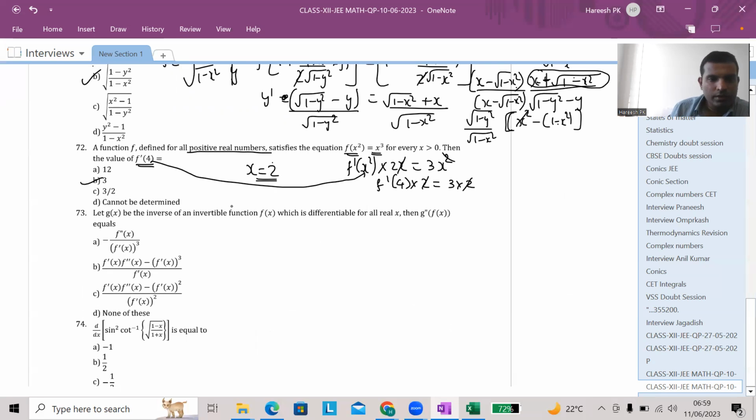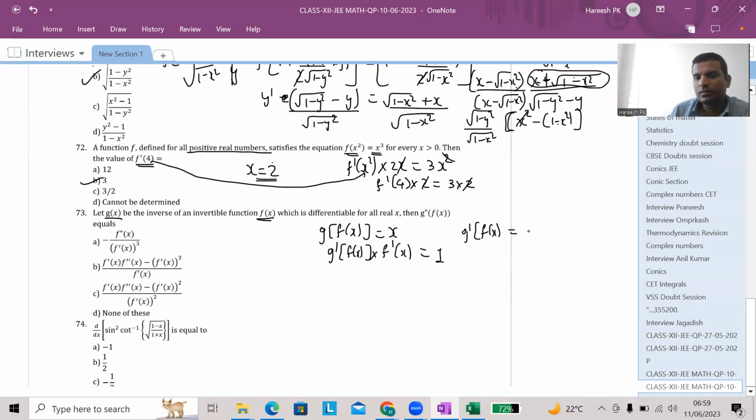Okay, so here is the next question. g is the inverse of f. That means g of f of x is x. Now when I differentiate, I'll get g dash f of x into f dash x is 1. So g dash f of x will be 1 by f dash x.